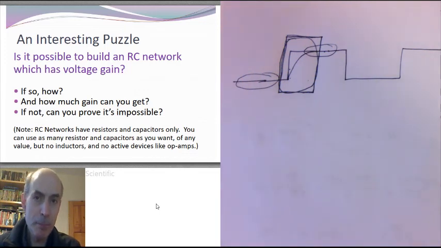If so, how do you do it? And if not, can you prove that it's not possible to get an output amplitude bigger than the input amplitude? It's not an easy challenge, but I think it's a very interesting one. So if anybody would like to have a go, good luck. I'd be happy to discuss the results with you.